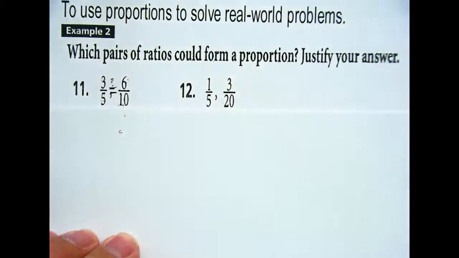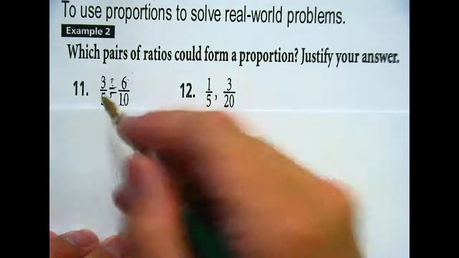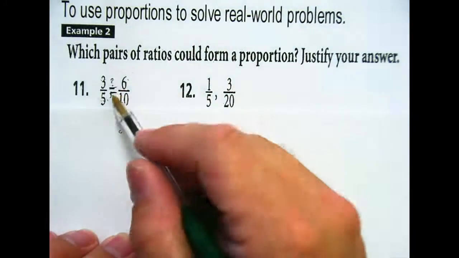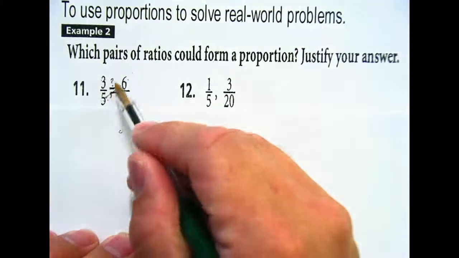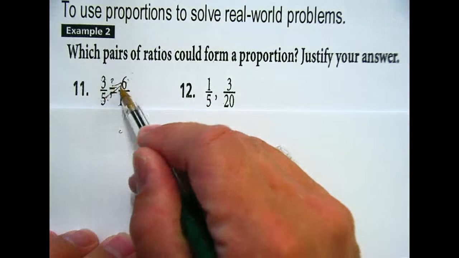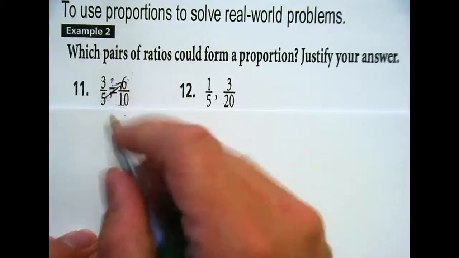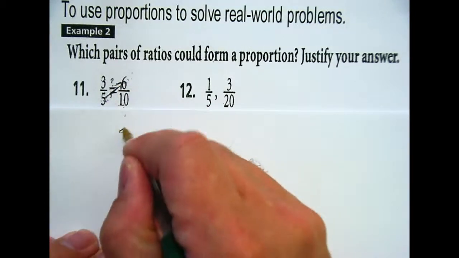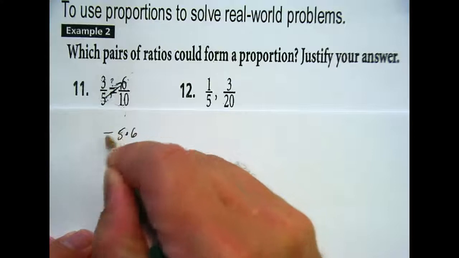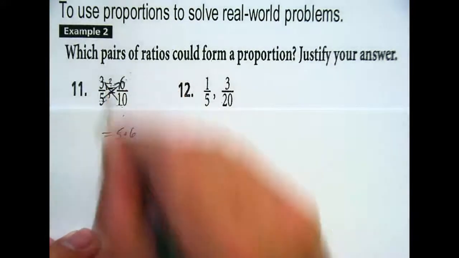Okay. TT? If you multiply diagonal, 3 times 10 equals 30, and 6 times 5 equals 30. Good. Yeah, a unique piece on proportions is if you multiply diagonally, you should get the same number. Cross multiply. Okay, 5 times 6 is equal to 10 times 3.